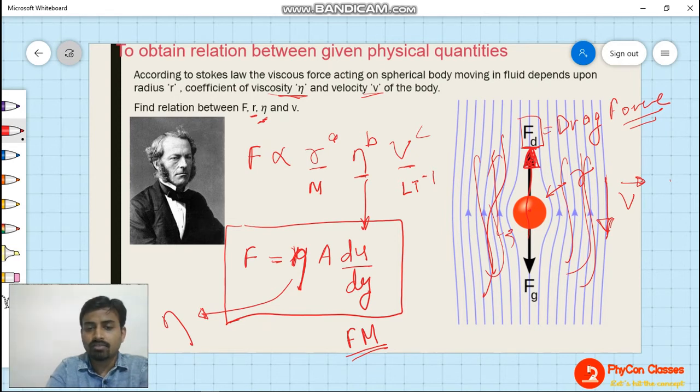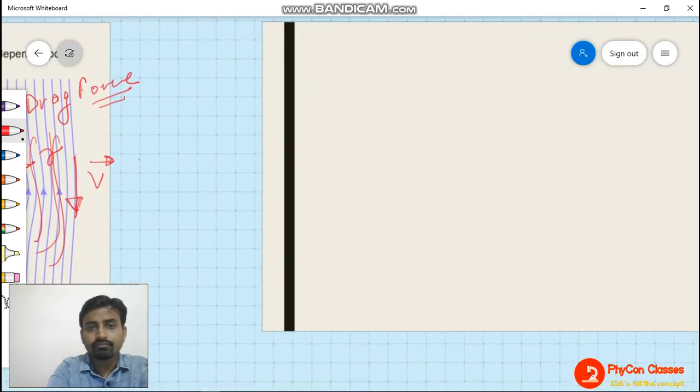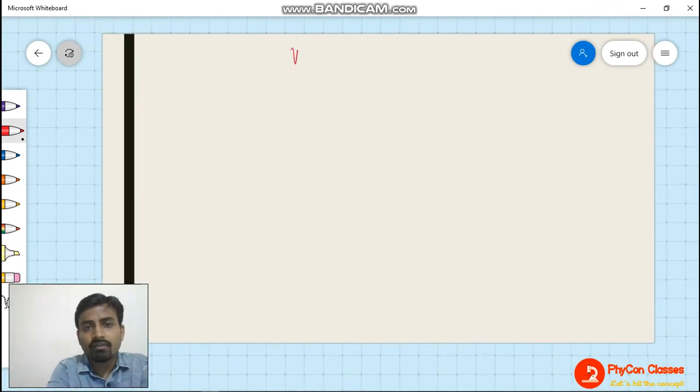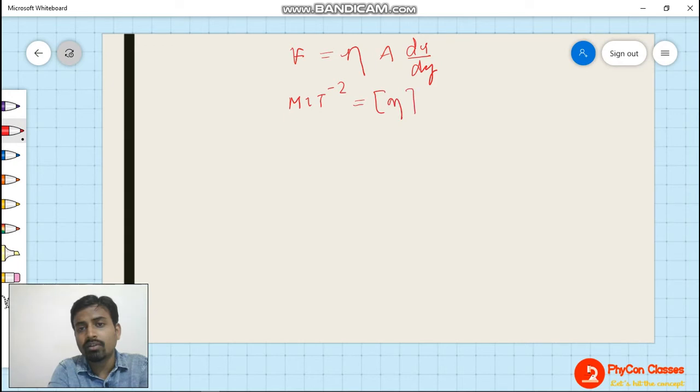Okay, so I am moving to the second slide. F is equal to eta, area, du by dy. What is the dimension for F? MLT minus 2. The dimension of eta we want to find out. The dimension of area will be L square.